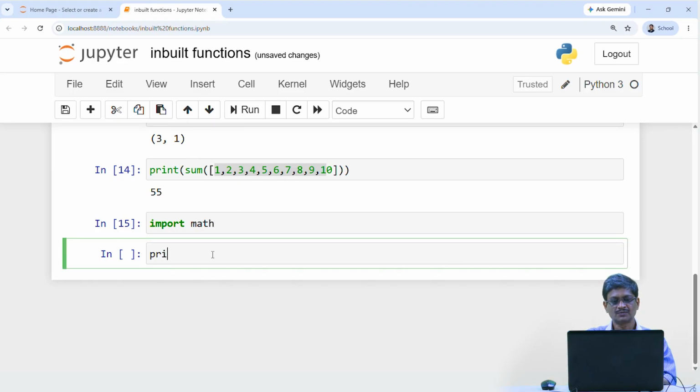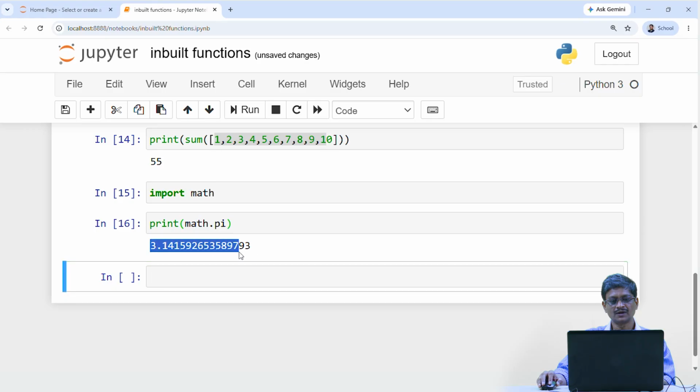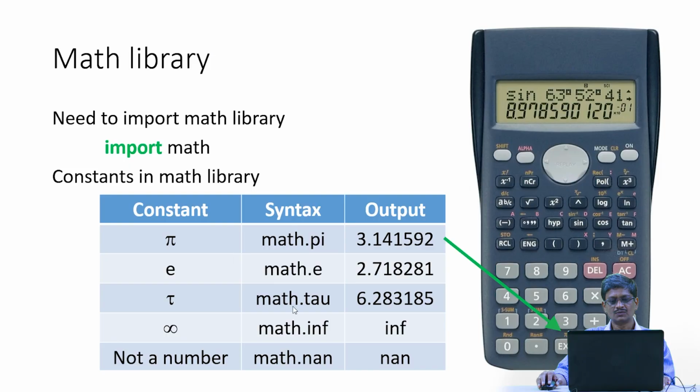Now if I say print math.pi, since I have already imported the math library, it is going to show me the value of pi as 3.1415 and so on. Similar to this, we have some other constants like e, tau and infinity. Let us try this.